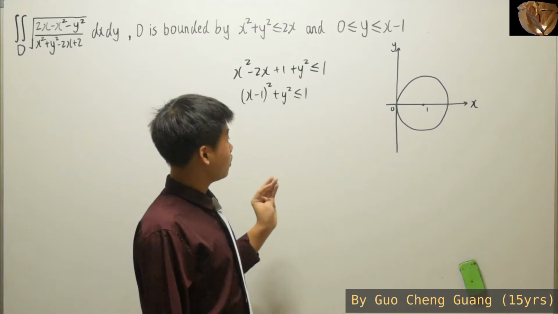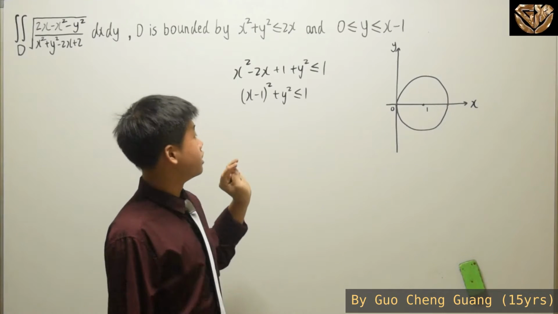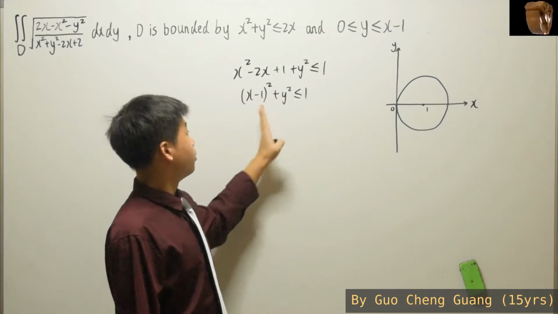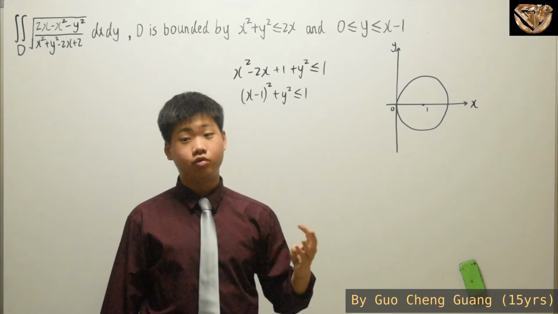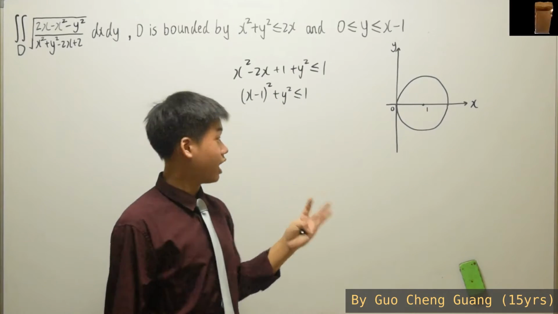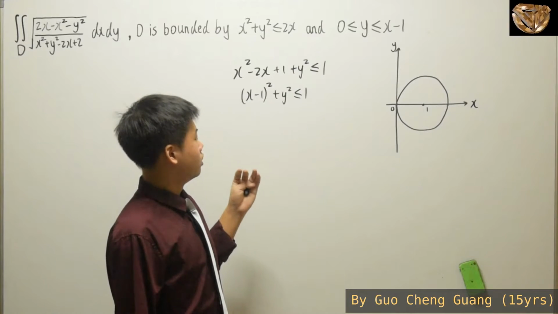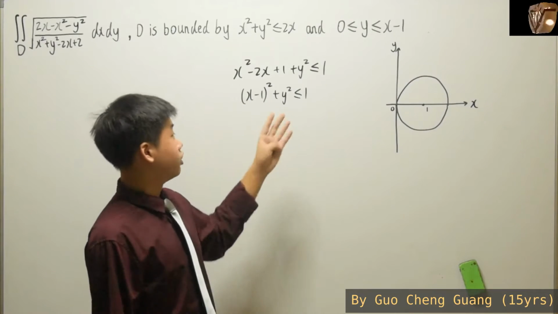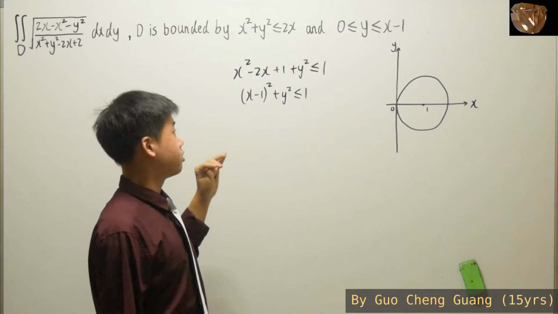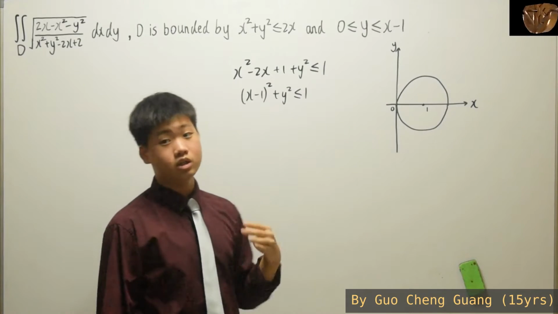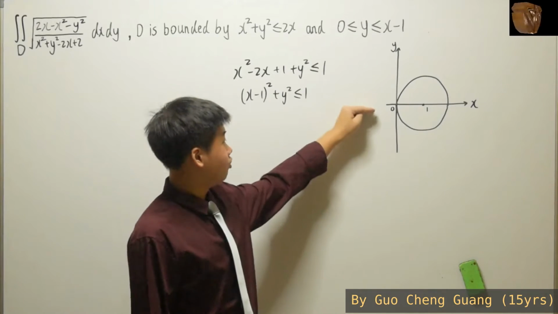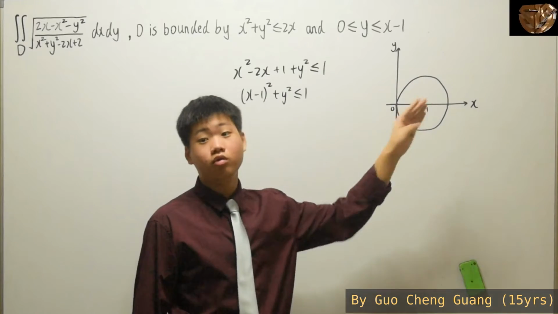So for this circle, what is so special about it? We do have another condition for the boundary, which is y greater or equal to 0. Now y greater or equal to 0 means it is definitely limited to your first quadrant.